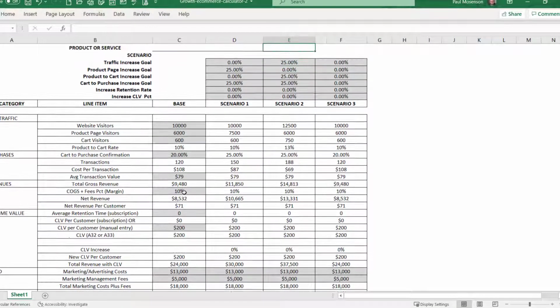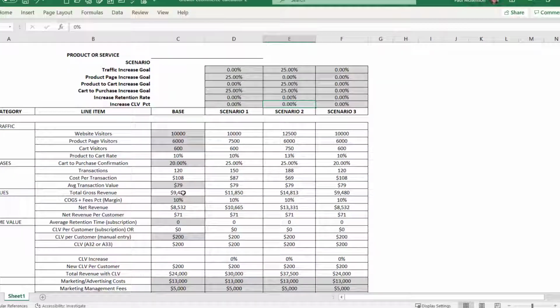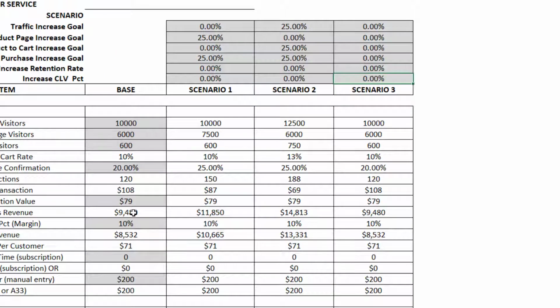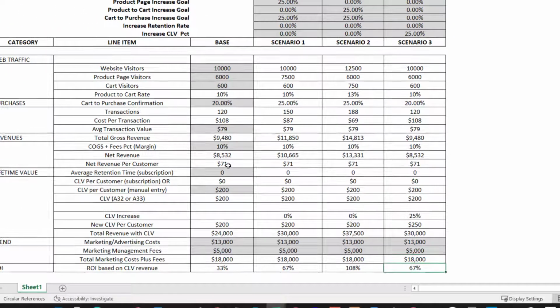The final scenario is we keep everything the same, and let's just say we increase your lifetime value because we do better cross-selling and upselling. Let's say that's increased 25%. So now you see what happens down here is your lifetime value goes from 200 to 250. Nothing else has really changed except for that, so you did get 67% better ROI as compared to 33% from the base.